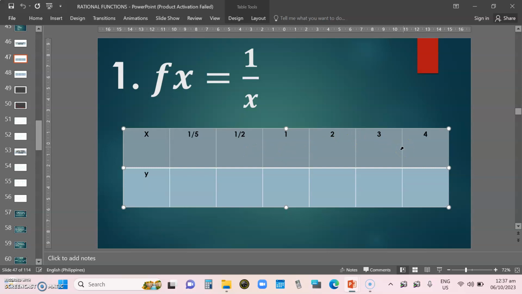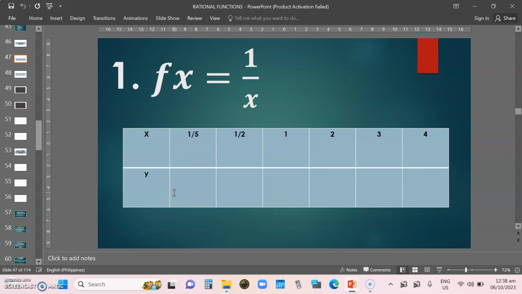Don't worry, because during the examination or even in your activity, I will already assign values of x for you to solve for the value of y. To graph the rational function, you have to assign values of x and then complete the table of values.